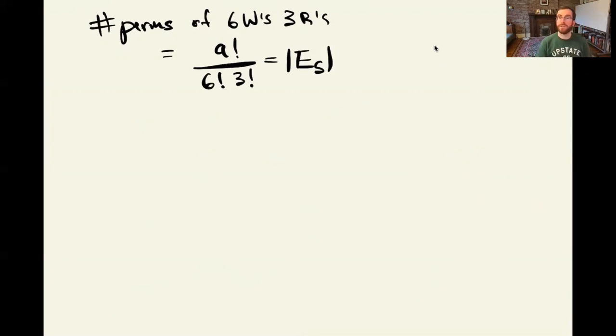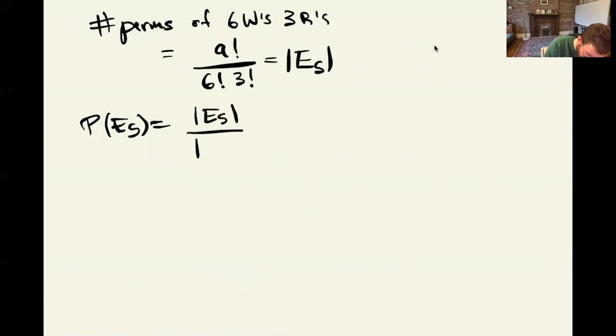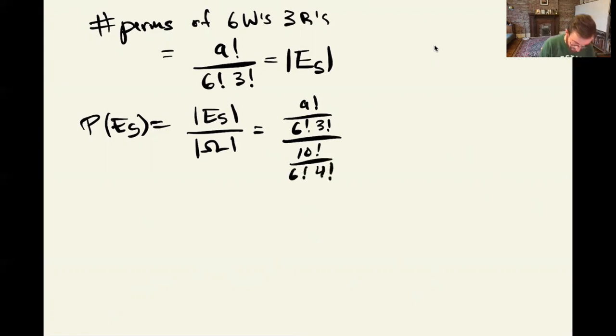And the probability is going to be the ratio of these 2 numbers. So probability of E5 is going to be the size of E5 divided by the size of omega, which corresponds to 9 factorial over 6 factorial, 3 factorial, over 10 factorial over 6 factorial, 4 factorial.